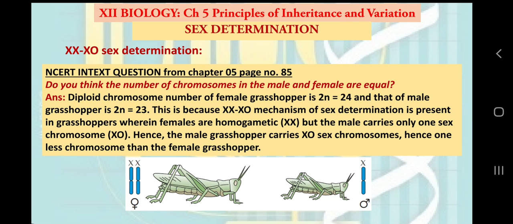As we have discussed, no. We don't think the number of chromosomes in the male and female are equal, because the male will have one less chromosome, as it has only one X chromosome among the sex chromosomes, and the female has two X chromosomes. So the exact number of chromosomes is 24 in females and 23 in males. So here we can conclude the number of autosomes will be 22 for both males and females.